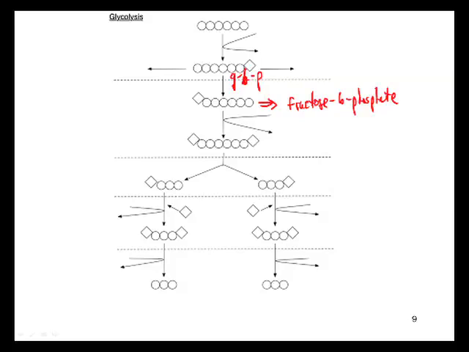And so I've drawn this so that the triangle is on the other side, showing you that there is an enzyme that changes that glucose 6-phosphate into what's called an isomer. Very similar molecule. It still has the same formula, C6H12O6.